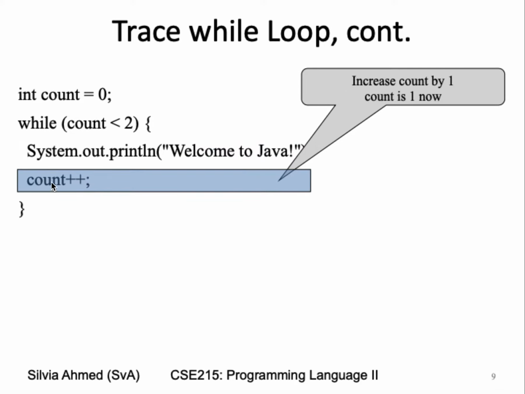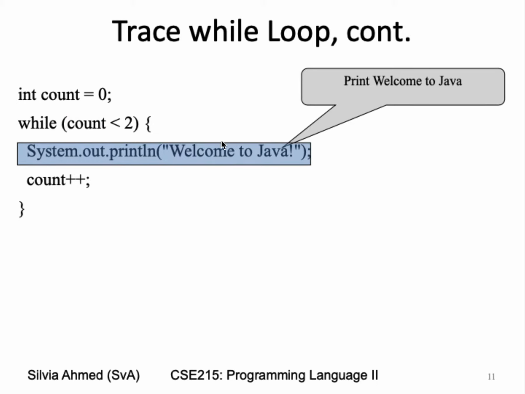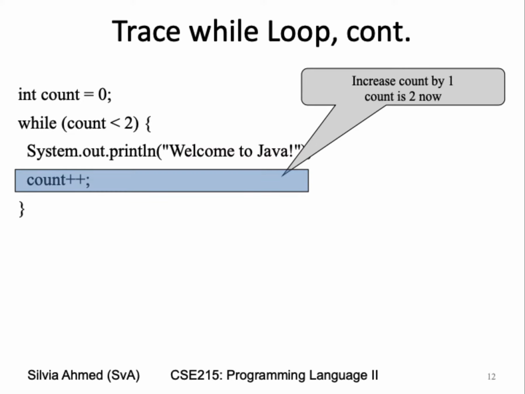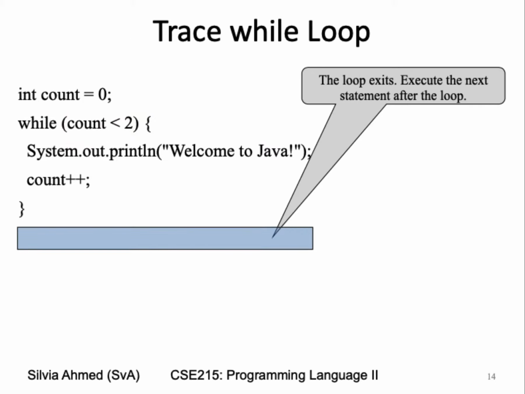Then we increase count by 1, so count becomes 1, and we loop back and again compare if 1 is less than 2, which is true. So we enter the loop and print welcome to Java. Then we again increase count, so count becomes 2, and we compare if 2 is less than 2, which is false. Since this is false, it will no longer enter the loop and goes to the next part of the program.